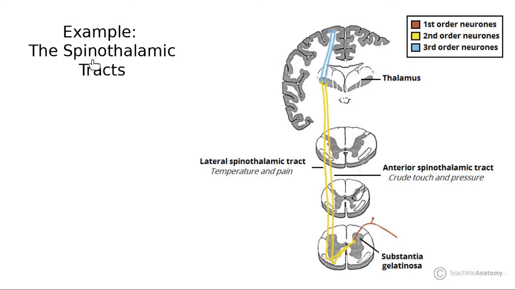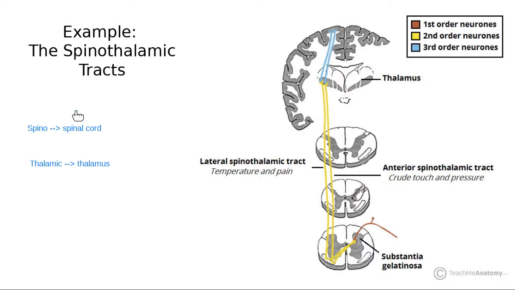Spino means the spinal cord. And I've got that thalamic part of its name. What does thalamic sound like? Yeah, it sounds like that structure we learned in lab called the thalamus, the relay center of the brain.